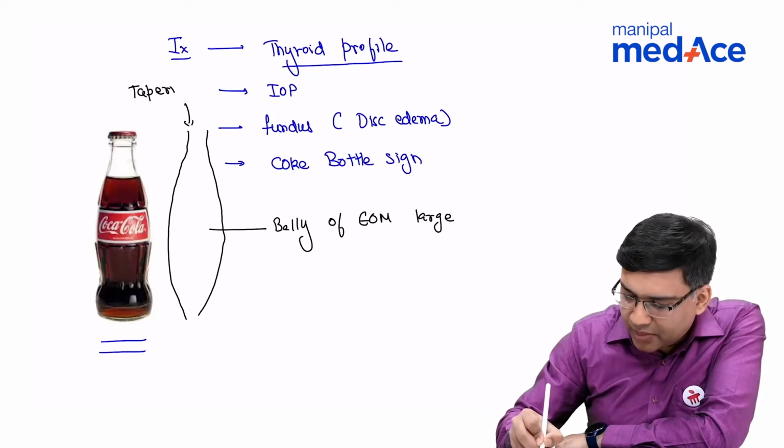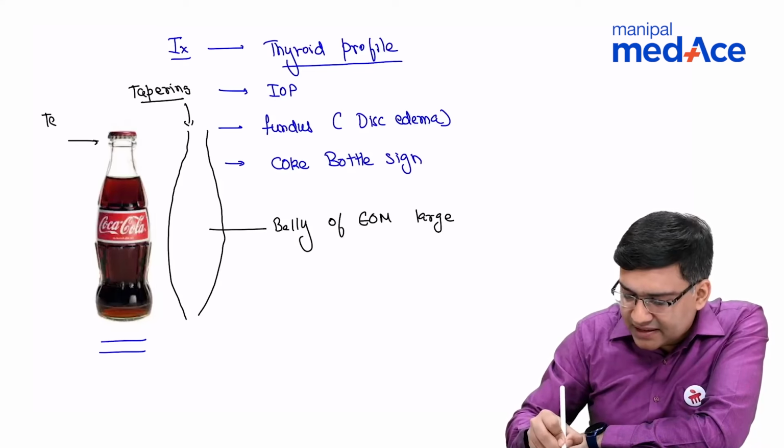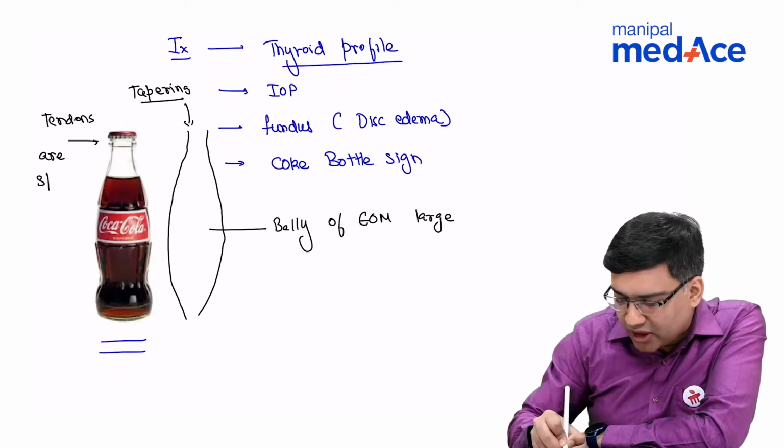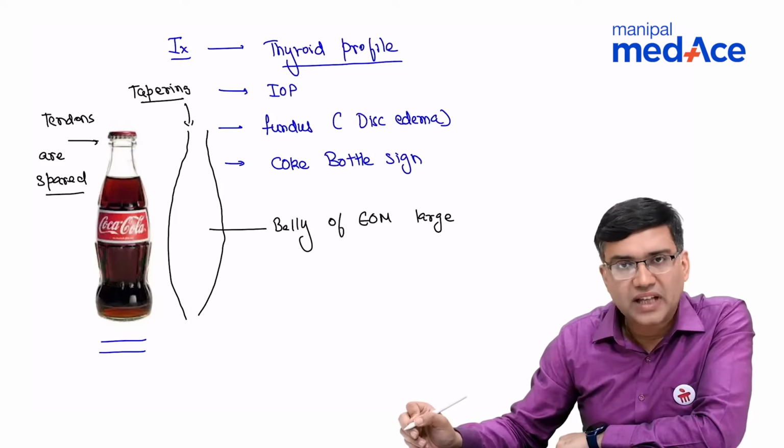Why would there be a tapering? Because the tendons are spared. I told you earlier also, the tendons are spared in patients of thyroid ophthalmopathy.